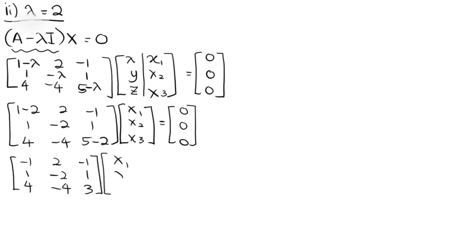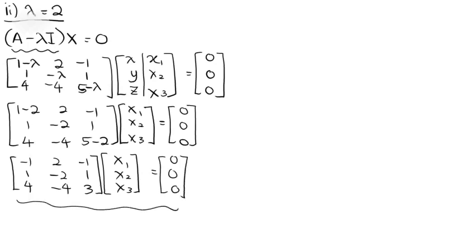Okay, copy back all, and then as you can see, this system is in the form of A x equals to b. So to solve this one, we can use the augmented matrix [A | b].